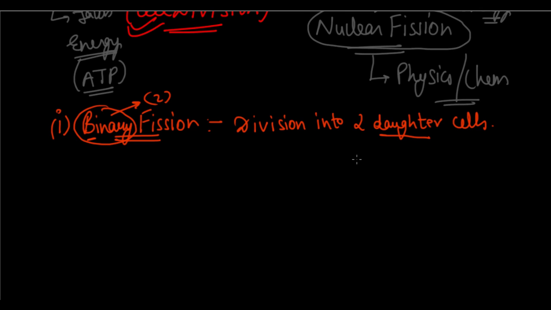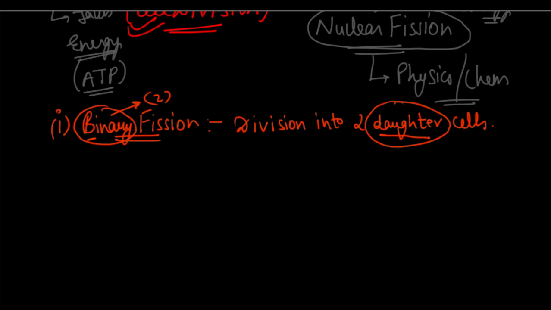Ultimately, it's the female which is responsible for the birth of the offspring. These two cells which have formed are again going to further divide. Since they have the capacity to reproduce yet again, we call them daughter cells. That's the main simple reason, because they're going to further divide and give birth to other offspring. So that's why we call them daughter cells.